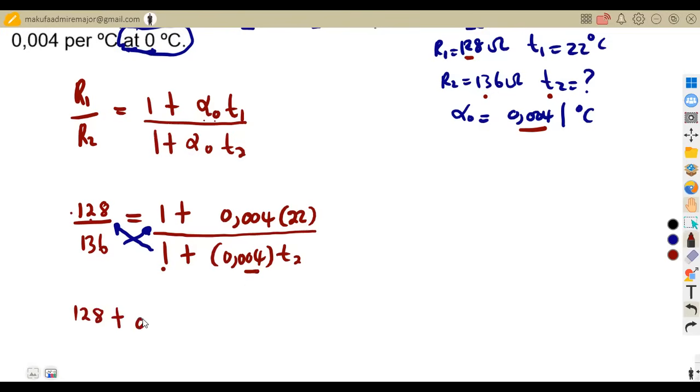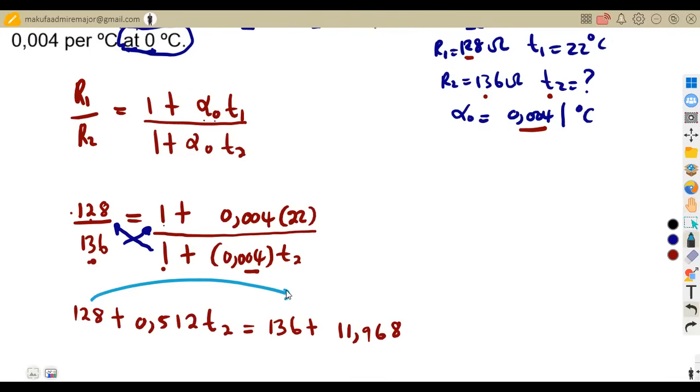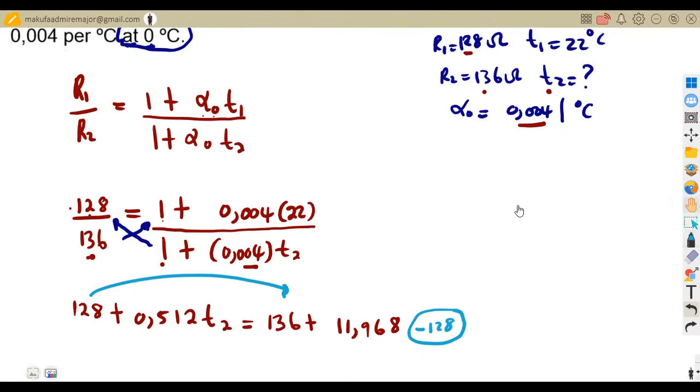This gives us 0.512 T2, which is equal to 136 multiplied by 1, which is 136, plus 136 multiplied by the other part, which you obtain as 11.968. So we collect our like terms. Moving this to the other side, we subtract 128.